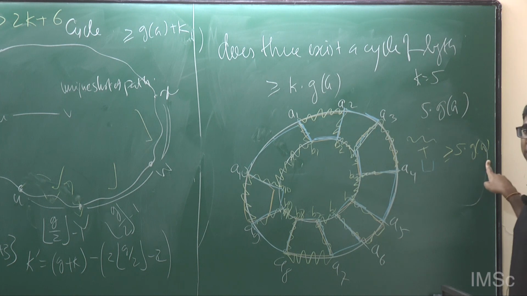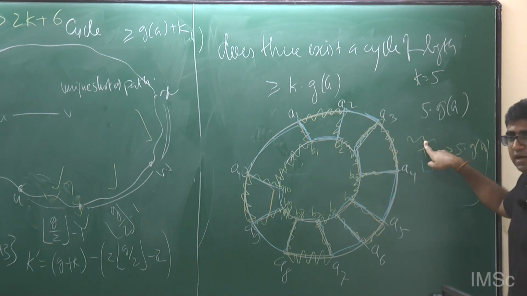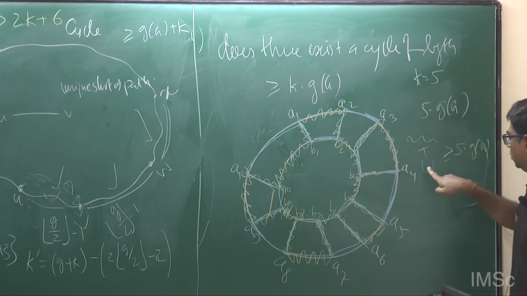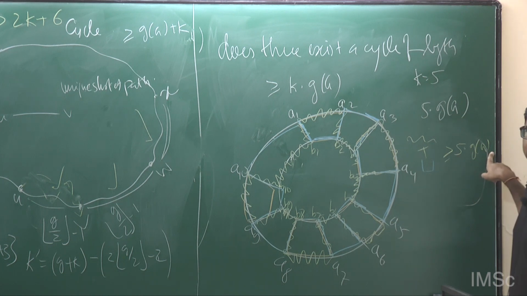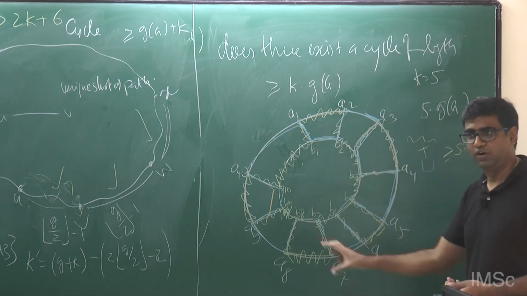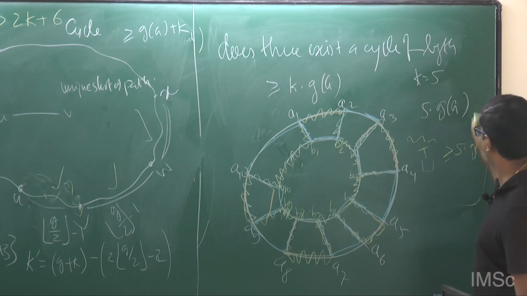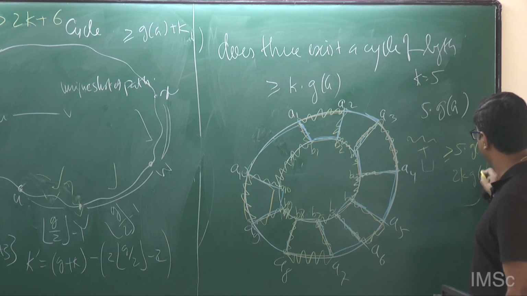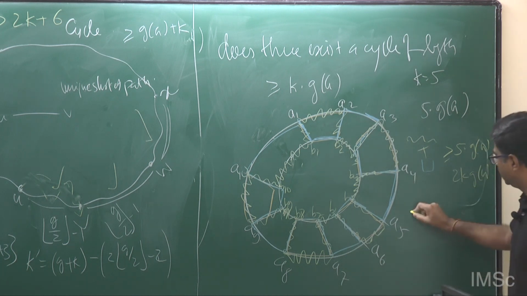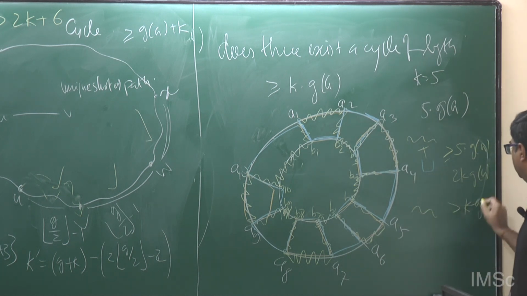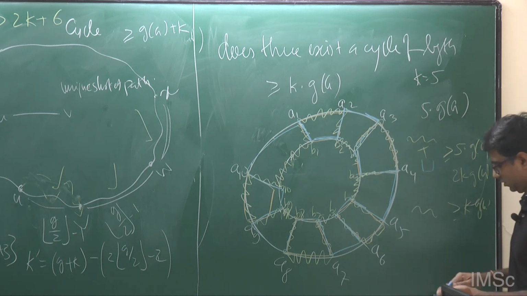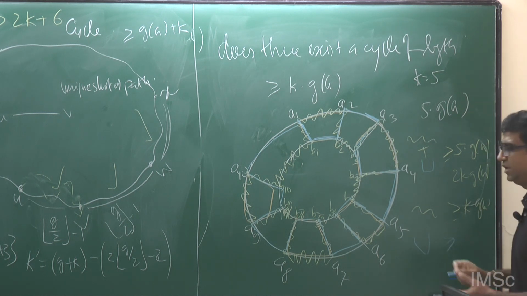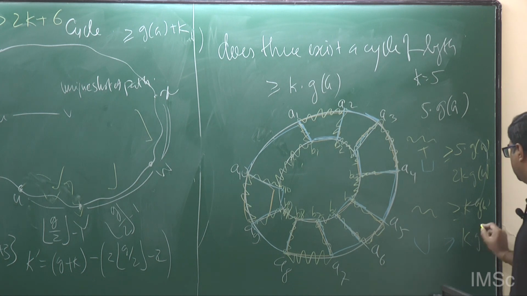So this is true. By the pigeonhole principle, either this one is at least half of this total or the other one is at least half. So if I start with such a structure which has at least 2k vertex disjoint cycles, then either this is at least k times girth of G, or this is at least k times girth of G, and we are done. So what was the strategy?